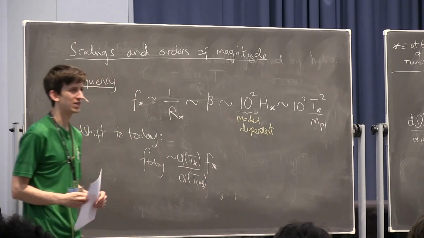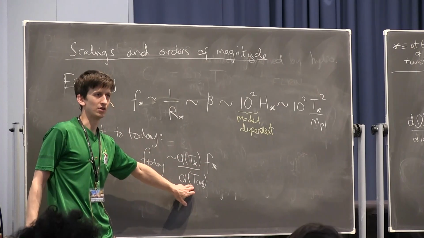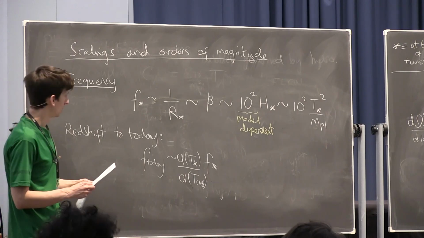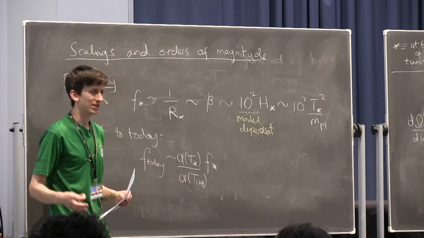Where we have the ratio of the temperatures at the transition and then the redshifted temperature of the CMB today. And the scale factor goes like 1 over the temperature.